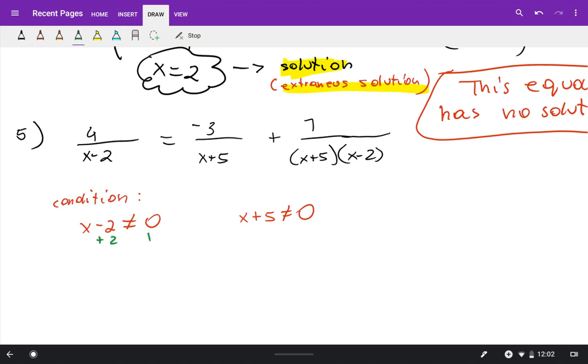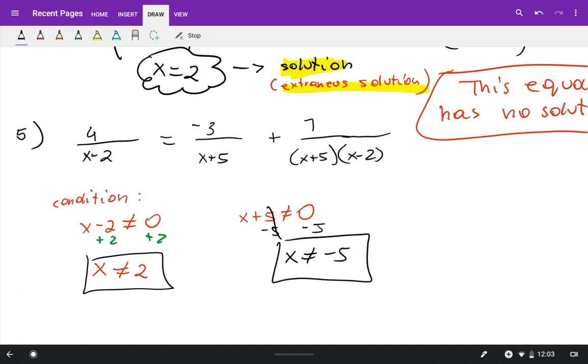Just add 2 to both sides here, and you end up with x can't be equal to 2. In this one, to solve it, we subtract 5 from both sides, and we know that x cannot be equal to negative 5. This is important because when you solve this equation, if you end up with 2 or negative 5, this is wrong. That equation does not have a solution.